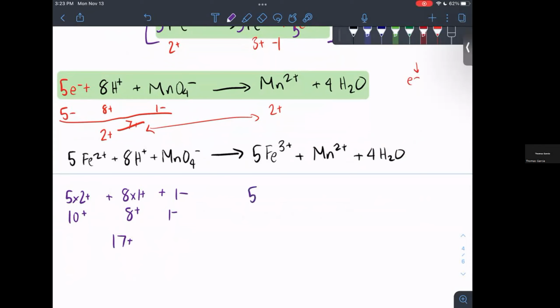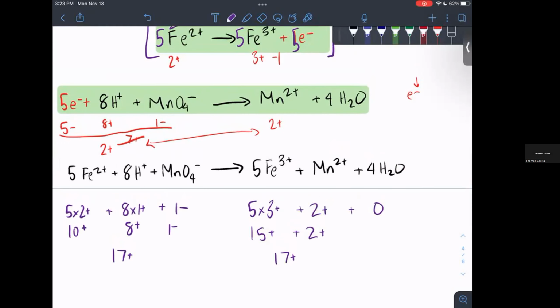We have 5 times 3 plus, we have a 2 plus, and we have a 0. So that is going to be 15 plus, plus 2 plus, for a grand total of 17 plus. Our total charges on both sides are also equal.